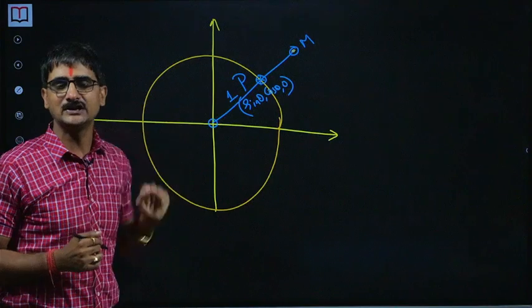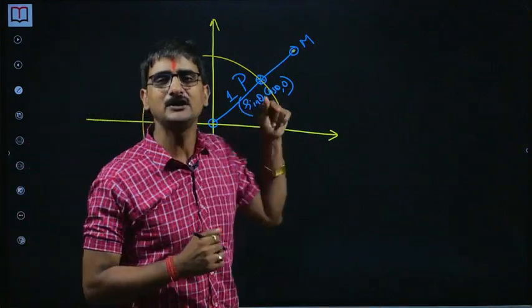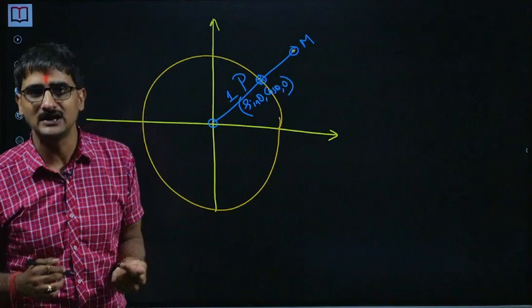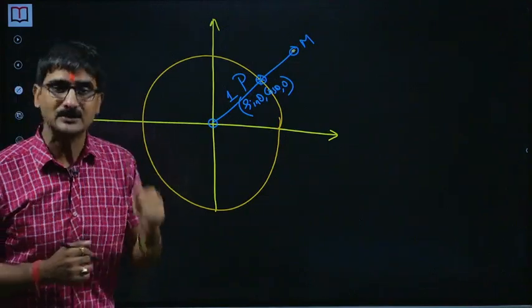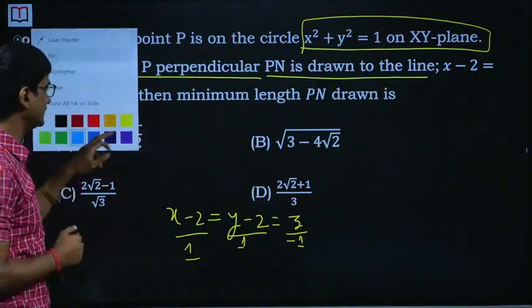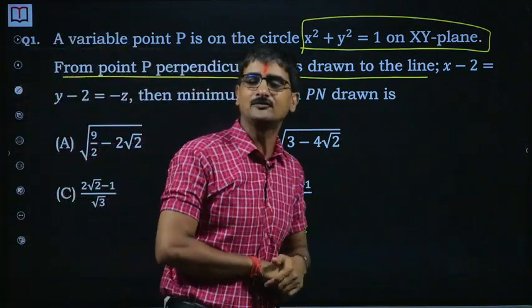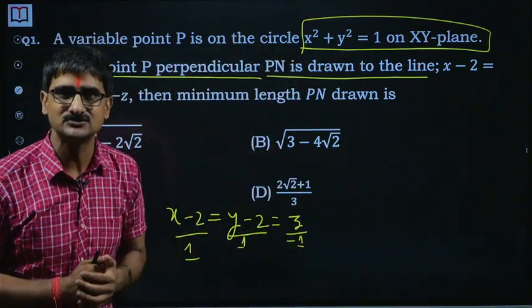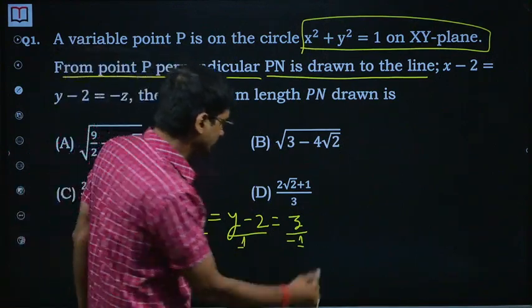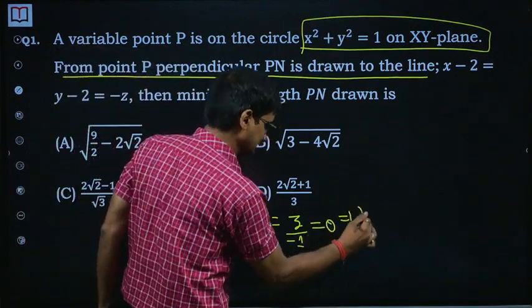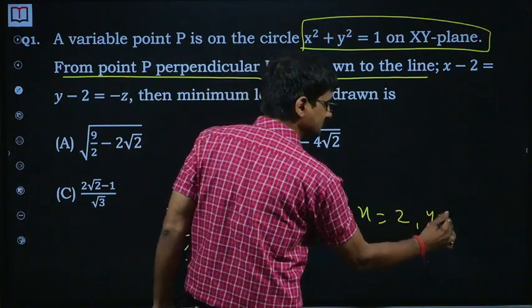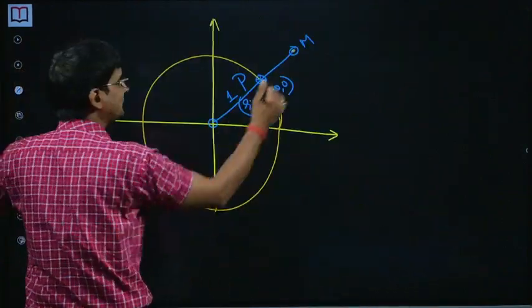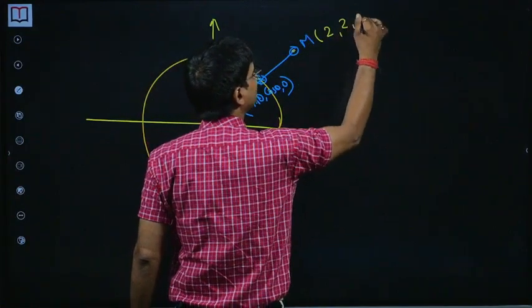Of course we can, because this is the point of intersection of the line with the xy plane. So how to find the point of intersection of the line with the xy plane? For that, the z coordinate has to be 0. So if z is 0, of course x is 2 and y is also 2. So this point is nothing but (2, 2, 0).